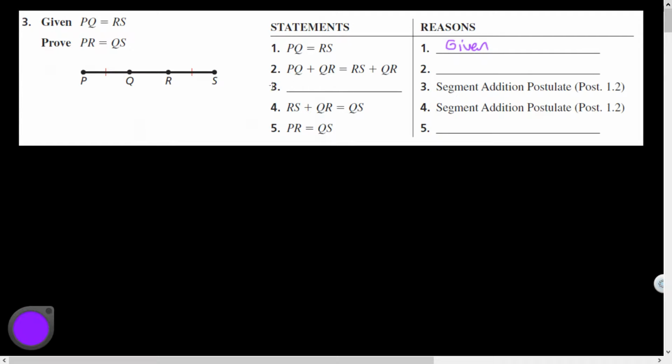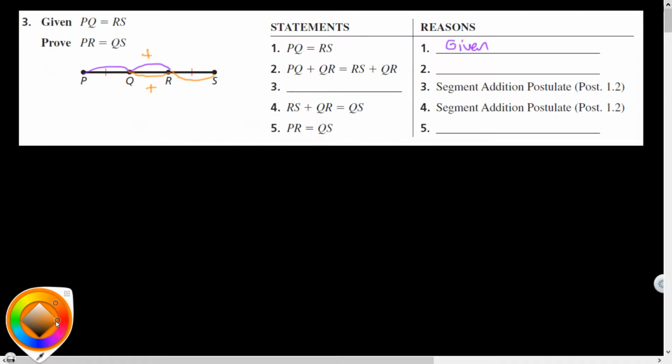Okay, let's see. Statement 2, PQ plus QR is equal to RS plus QR. I was thinking segment addition postulate stuff already, but no. What they're doing is adding the same number to both sides of this equation.